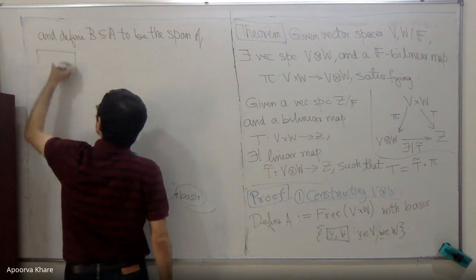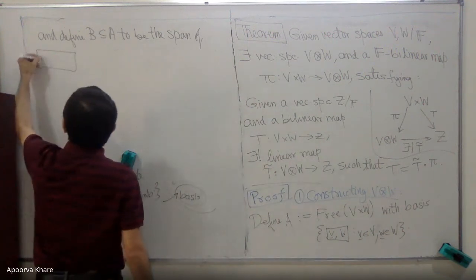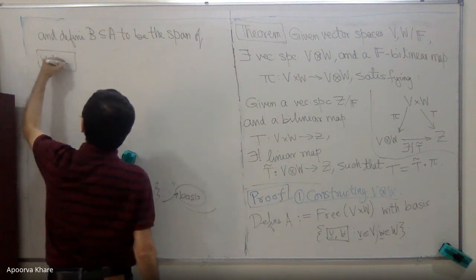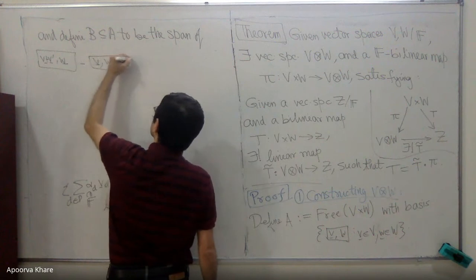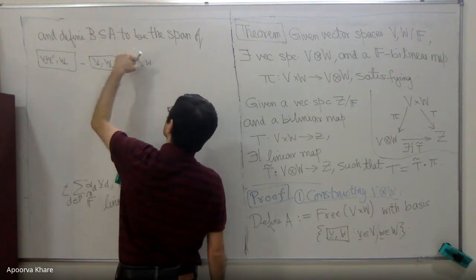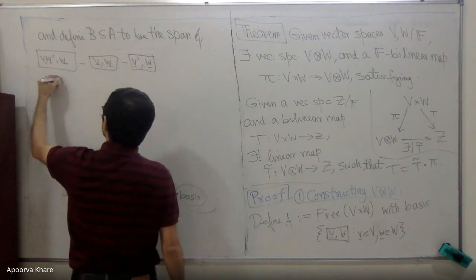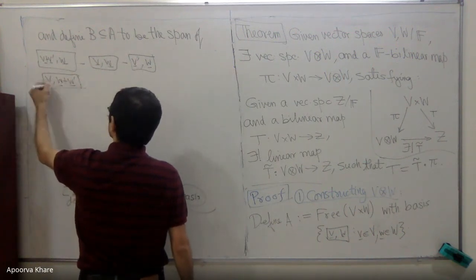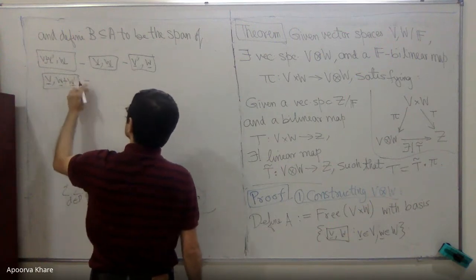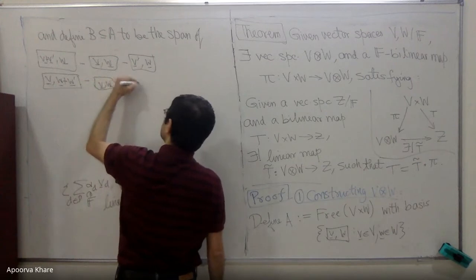First of all, I want to say something like bilinearity. So I want (v plus v prime, w) minus (v, w) minus (v prime, w). Similarly, (v, w plus w prime) minus (v, w) minus (v, w prime).